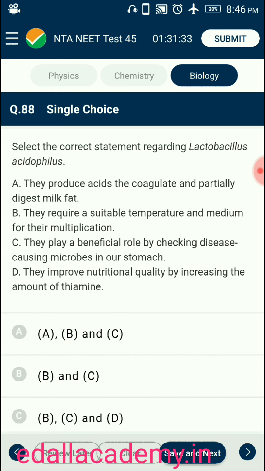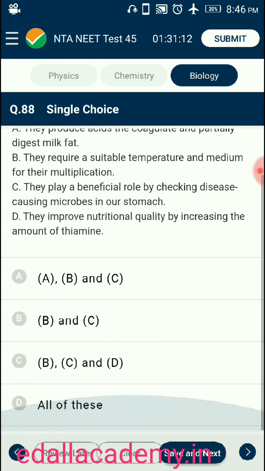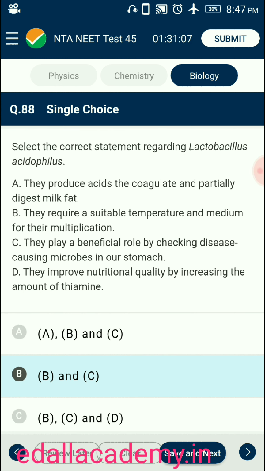At a suitable temperature, the curd is added as a starter, generally called inoculum, in fresh milk, and then the bacteria start the conversion of milk into curd. Lactic acid bacteria help in lactose digestion and in controlling disease causing microbes in the stomach. So the answer for this question is option B. From the given four statements, the correct statements regarding Lactobacillus are statements B and C.